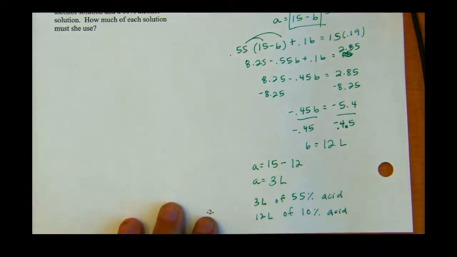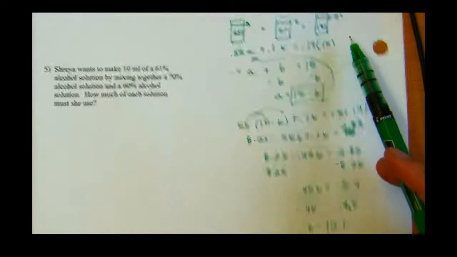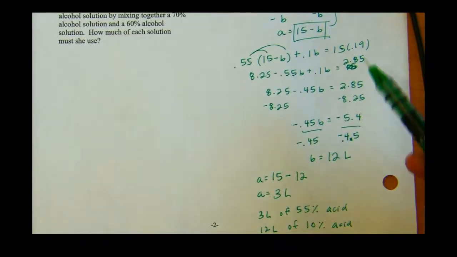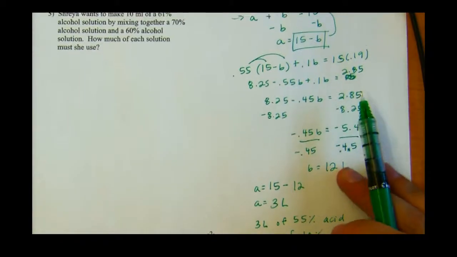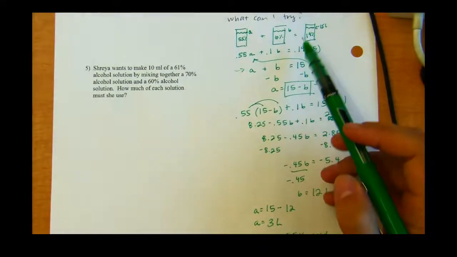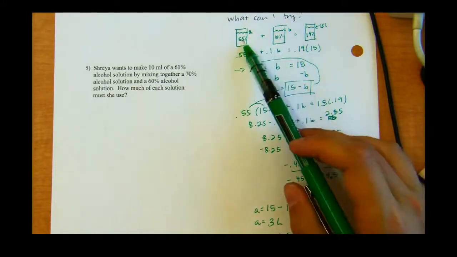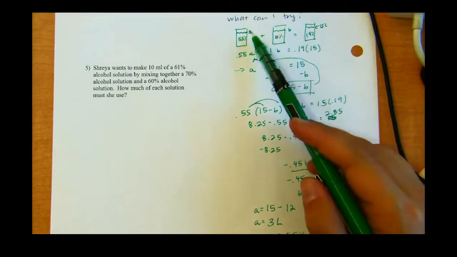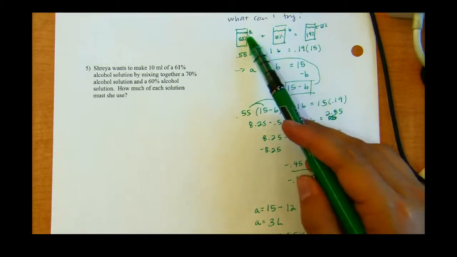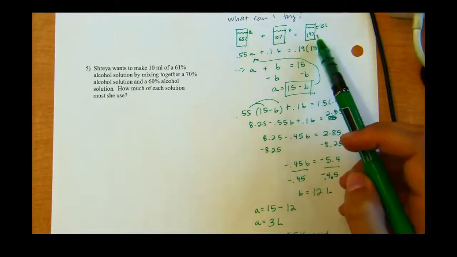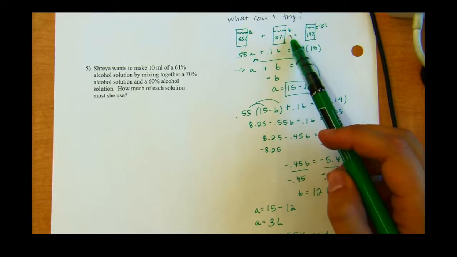If you ask yourself, does this answer make sense? Well, it definitely adds up to 15 liters, which is what it needed to be. 12 plus 3 is 15. If I'm trying to get to a 19% acid solution, I'm going to zoom out just a little. 55% is a lot larger than 19%, so I know I'm going to need less of this, because 10% is a lot closer to 19%, so I'm going to have a little bit more of the 10% to bring it down.